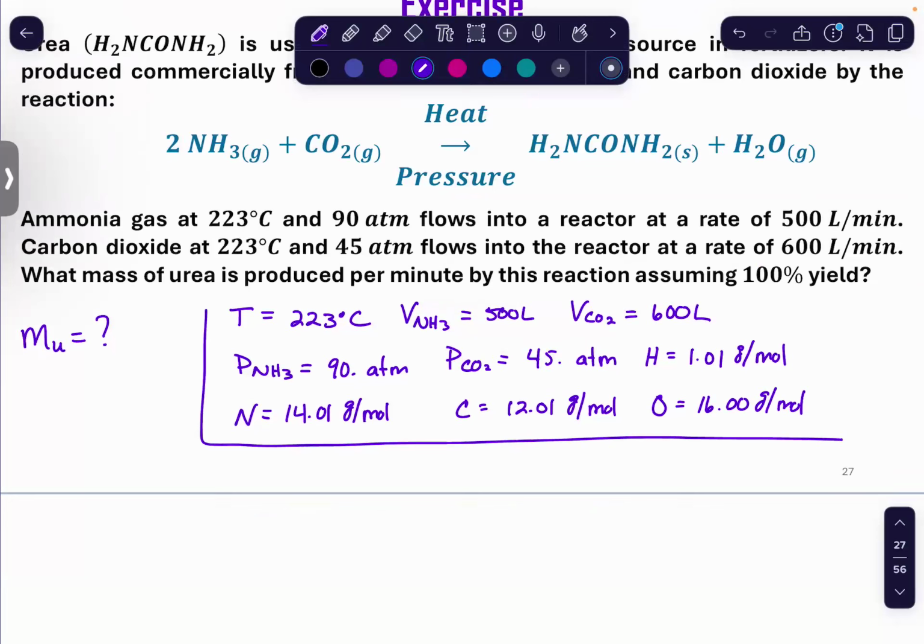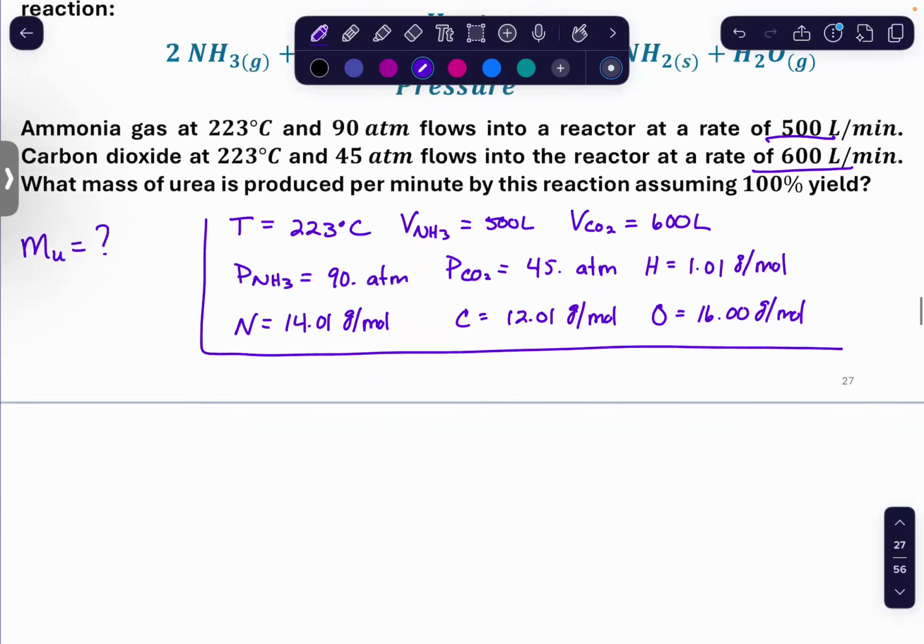Do you see how I have an amount of one reactant and an amount of the other reactant? Well, when I have exact amounts of each reactant, that means this is going to be a limiting reactant problem. So I have to know which one of these is limiting.